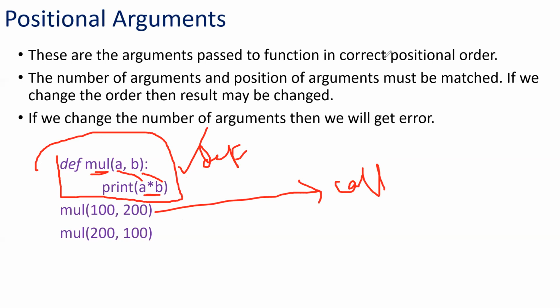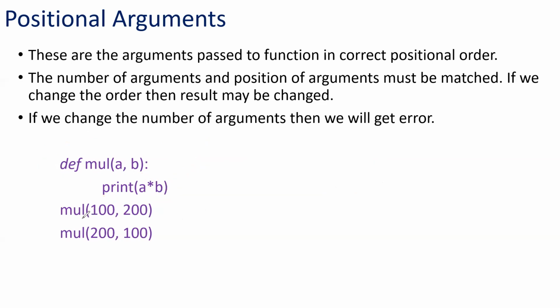Now I want to call or use it. Whatever the first position is given, that first value is assigned to the first parameter. Now mul(100, 20). Based upon the position, the first position is a, the second position is b, the first value is 100 and the second value is 20.